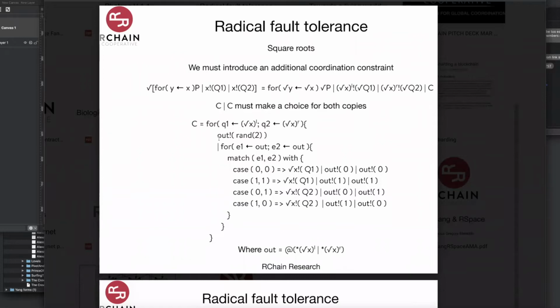So each copy of C only does out once. Okay, so the reducing down from 2 to 1. That's correct. But there's 2 copies of C. So there'll be 2 total copies of out lying around.